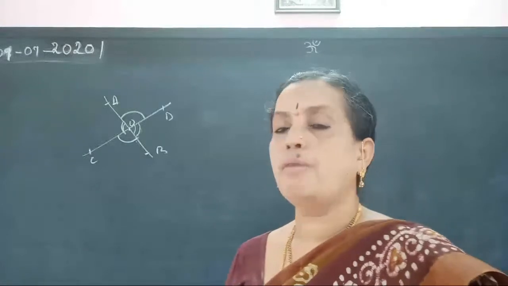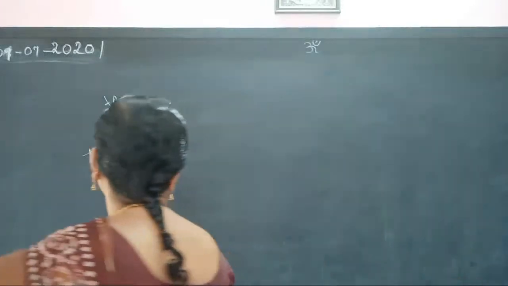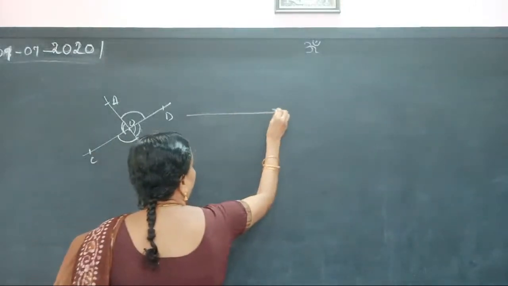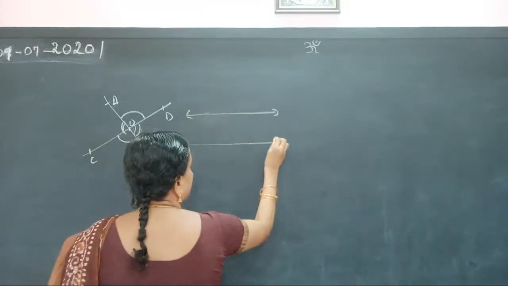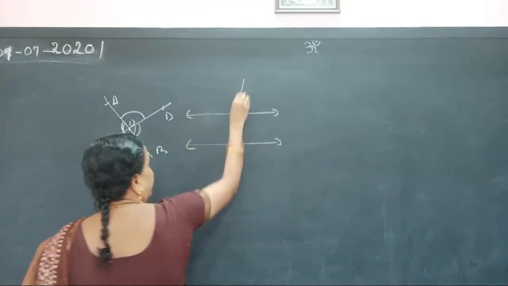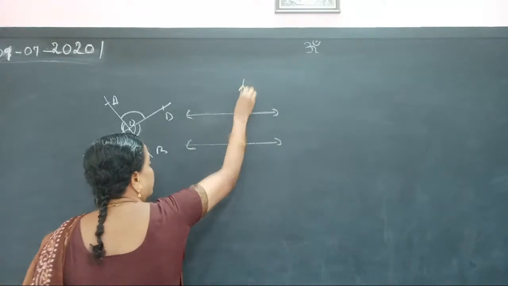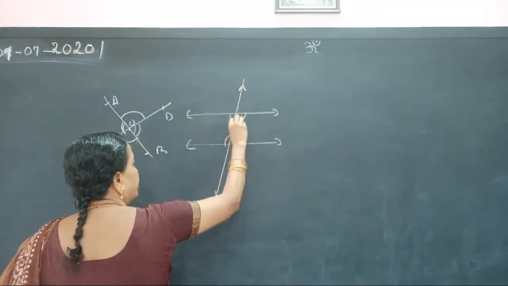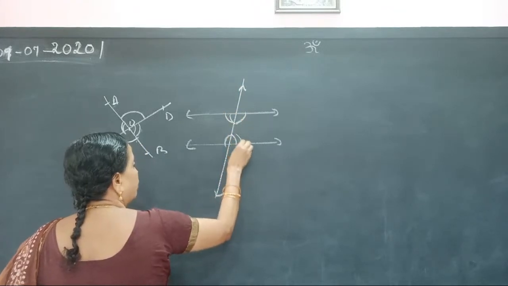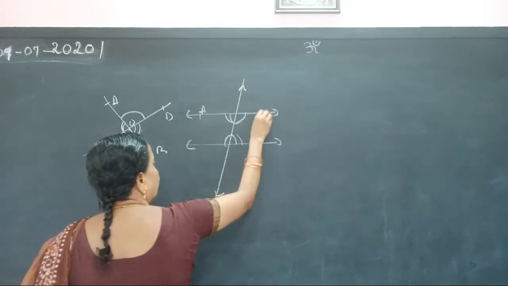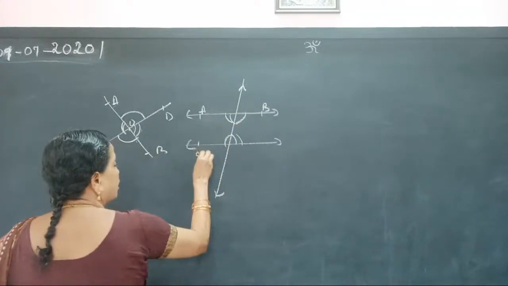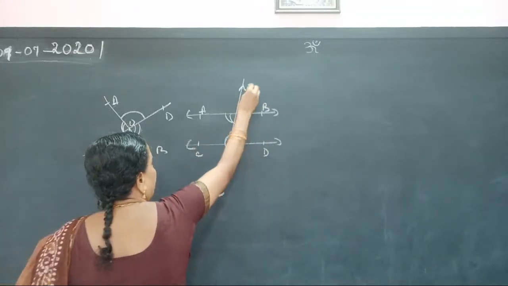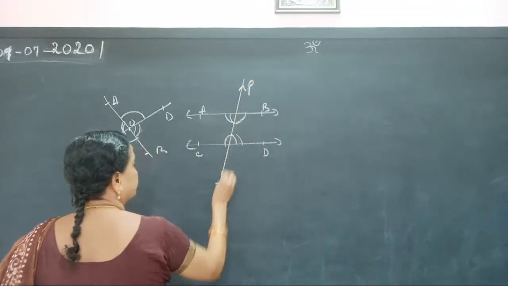Next, theorem 6.2. If two parallel lines are intersected by a transversal, then the pair of alternate interior angles are equal. We have proved this using the corresponding angle axiom.